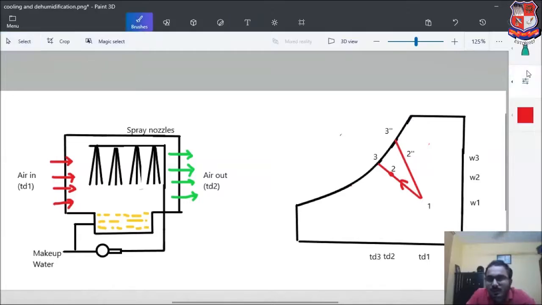So we are currently discussing this point number 2 double prime, and our process is this. As you can see, the temperature of spray is greater than the wet bulb temperature of moist air at the inlet. So this is case number 2, which is denoted as 1, 2 double prime.